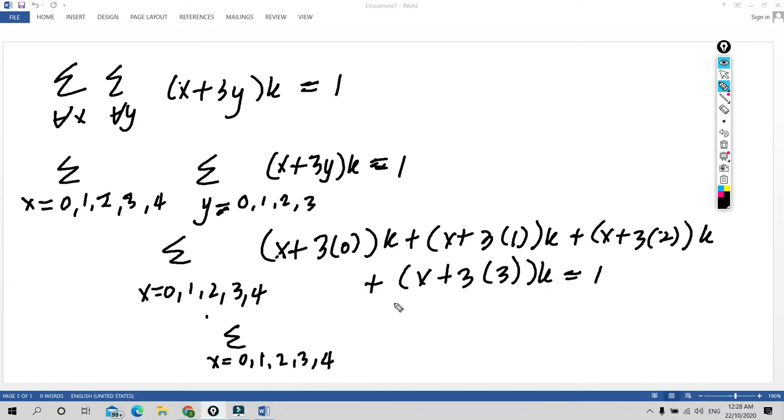Then x plus 3 is x plus 3, so we can put k here and solve this one.